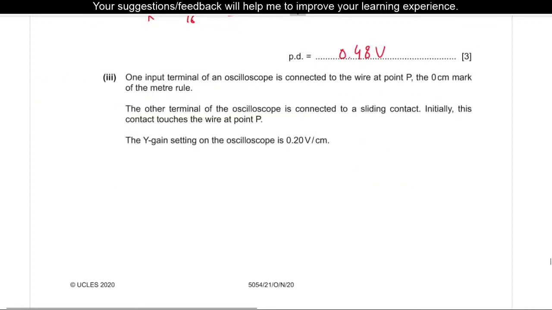Okay, part 3 is that one input terminal of an oscilloscope is connected to the wire at point P, the 0 centimeter mark of the meter rule. The other terminal of the oscilloscope is connected to a sliding contact. Initially, this contact touches the wire at point P. The gain setting of the oscilloscope is 0.2 volt per centimeter.